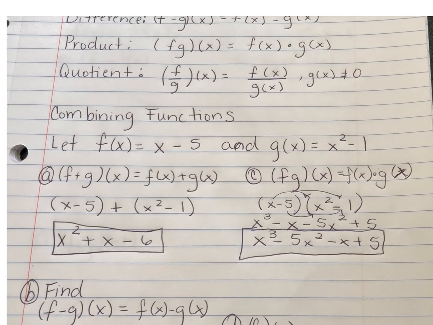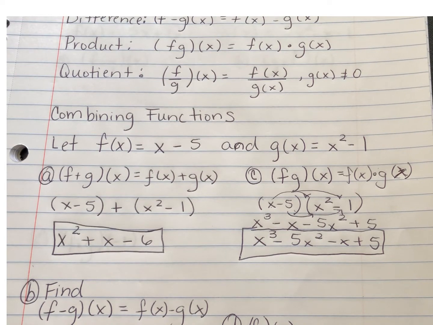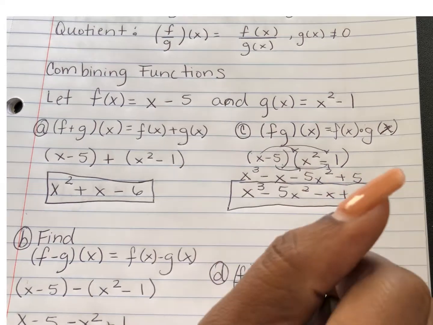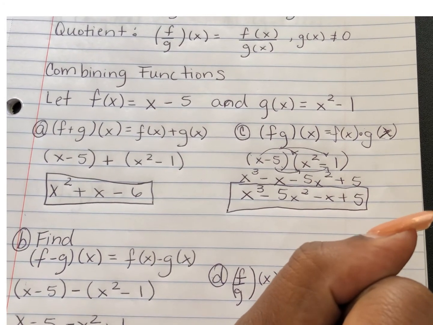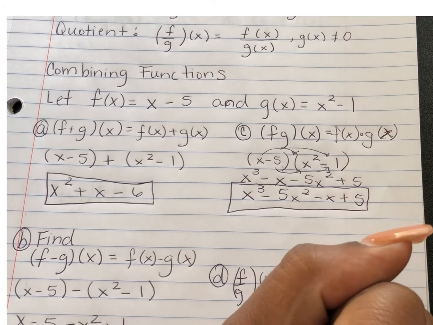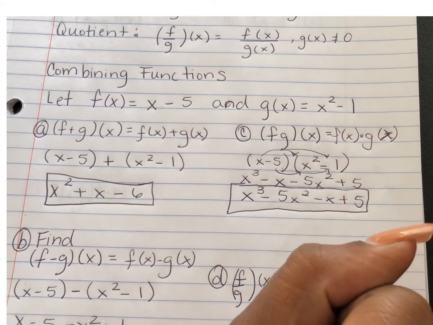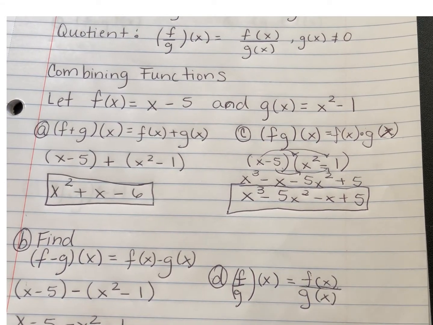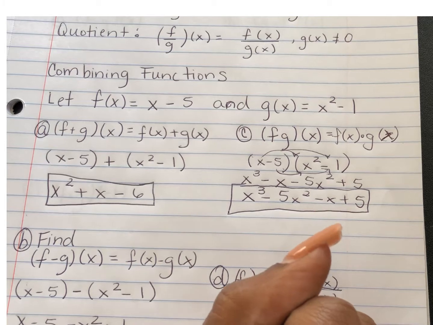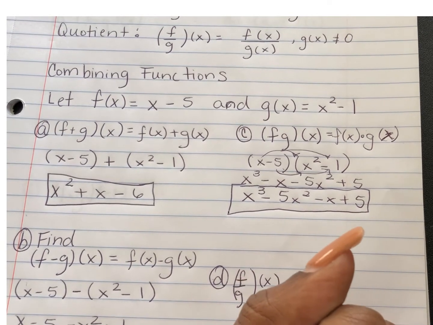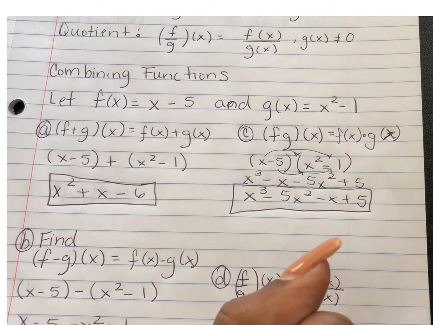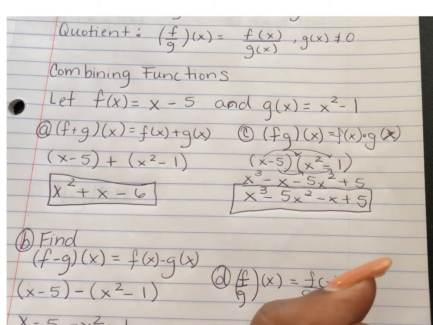All right. And last but not least, the quotient. To find a quotient, we have f of x divided by g of x. And so f of x is x minus 5 divided by x squared minus 1.